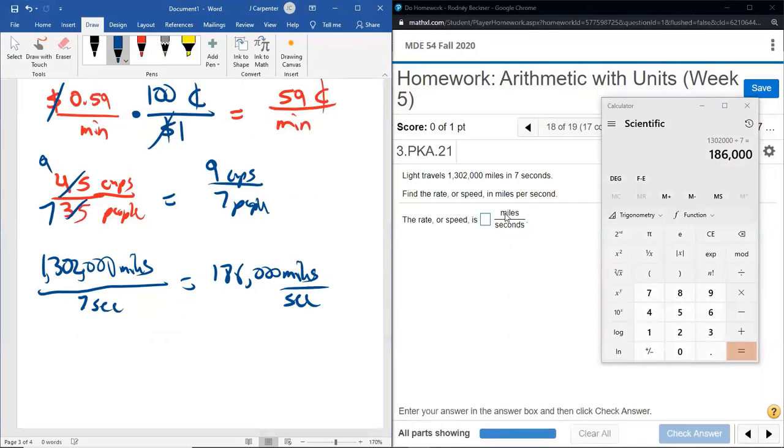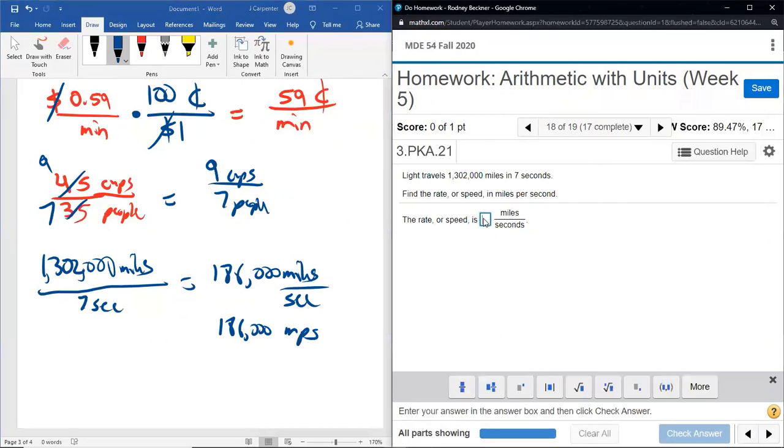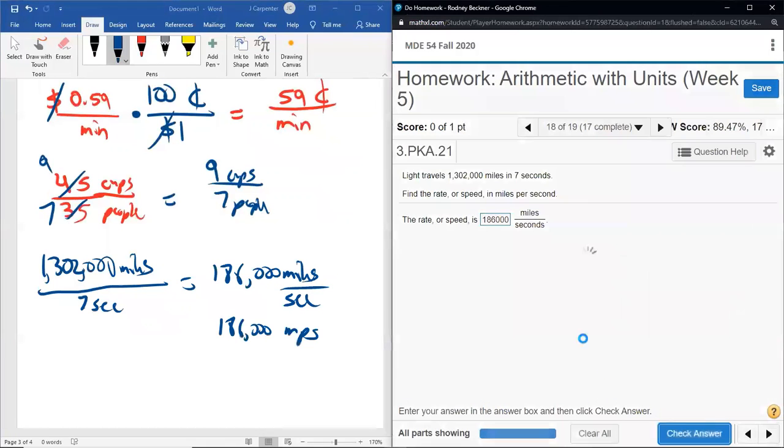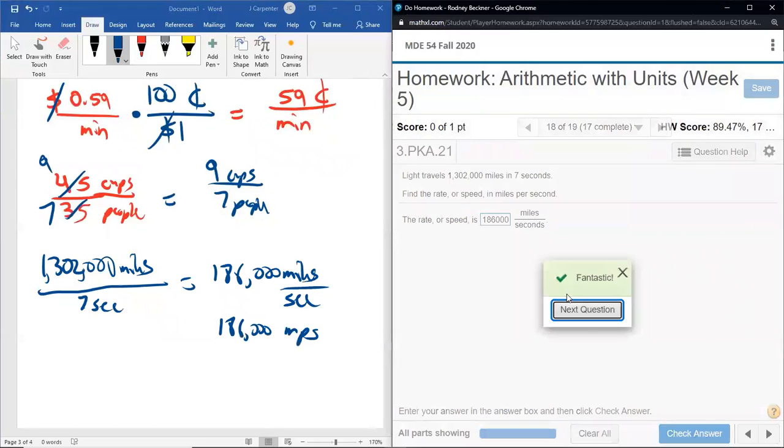The seconds are still on the bottom, or it's 186,000 MPS, miles per second. Or you could write the words out, miles, and the word per, and seconds. 186,000. Be careful, if they had the word thousands of miles in there, all I'd type is 186. If they had the word millions of miles in there, I'd type 0.186.